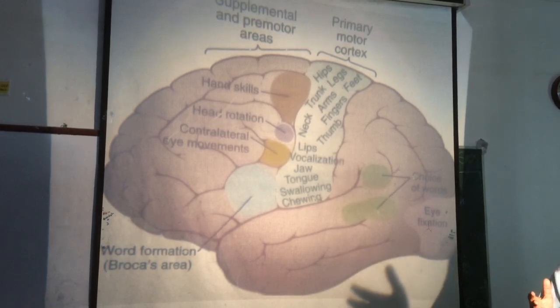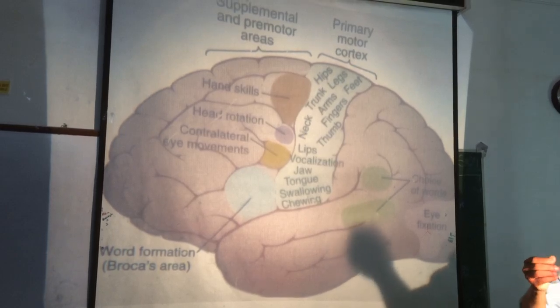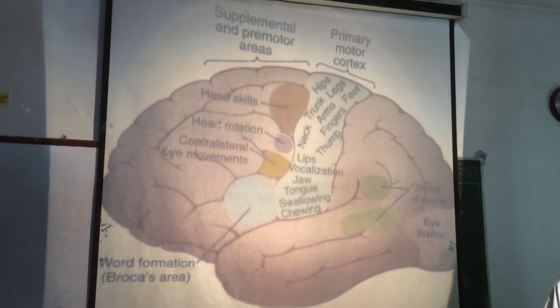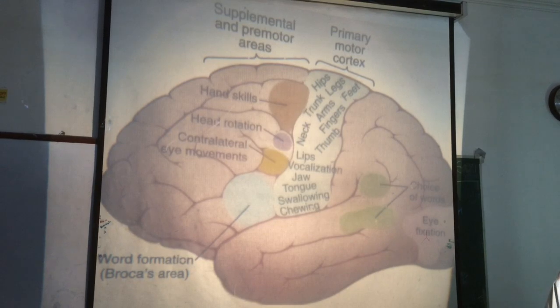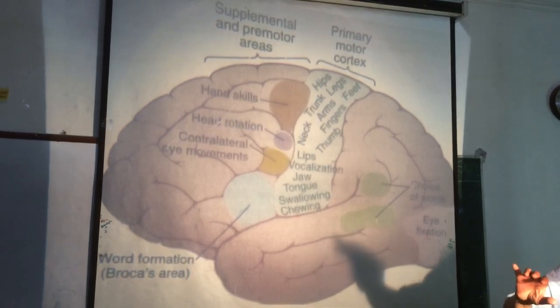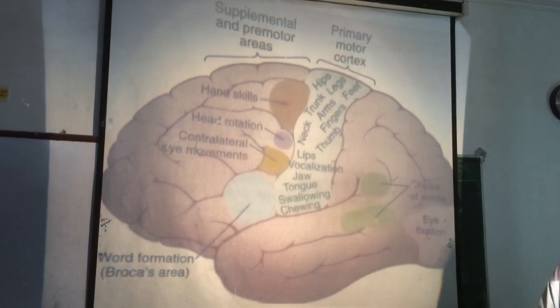The next method is electrical stimulation of different parts of the cerebral cortex, noting the movements produced.